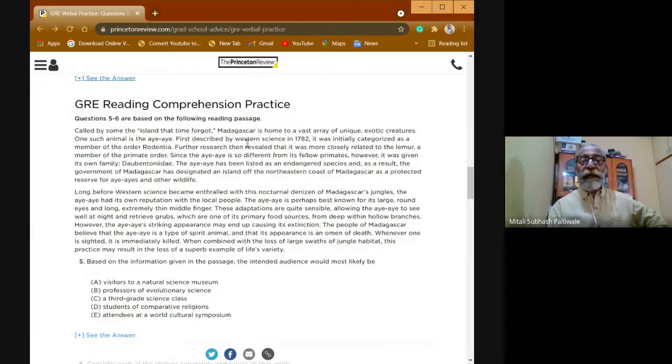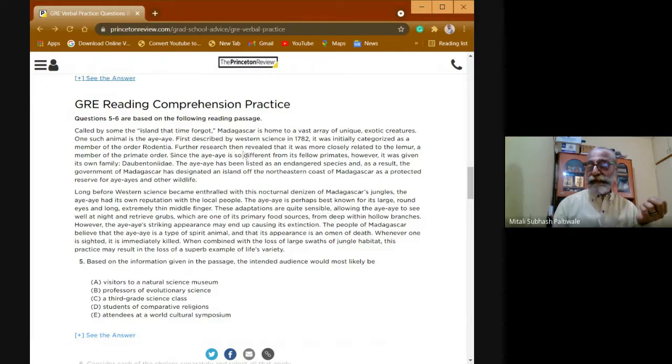First described by Western science in 1782, it was initially categorized as a member of the order Rodentia. That means some scientists researched it and described it very long back, and when they first researched this animal, they categorized it as a Rodentian species.